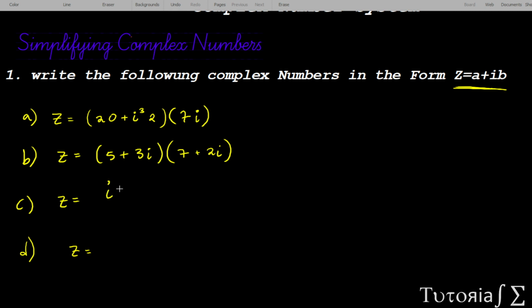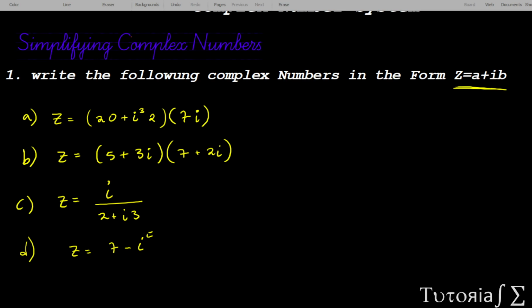So what I'm just going to change here is maybe us to simplify i all over 2 plus 3i. So again, you look at the denominator. Since it's a full complex number in the denominator, you will need to introduce the conjugate. Then maybe you have, let's say, 7 minus i to the power 4.